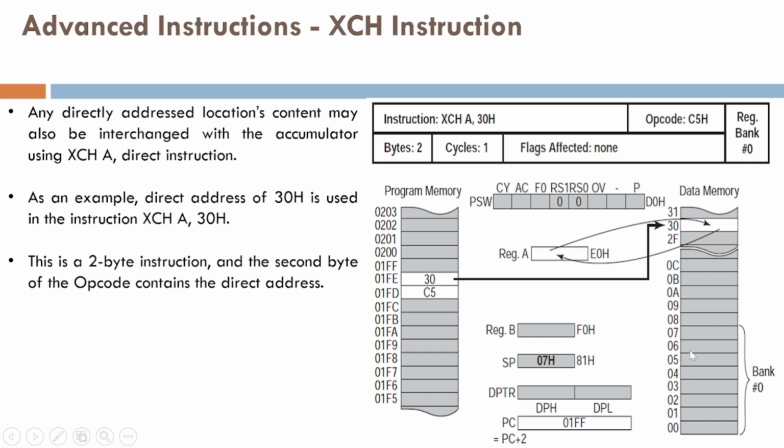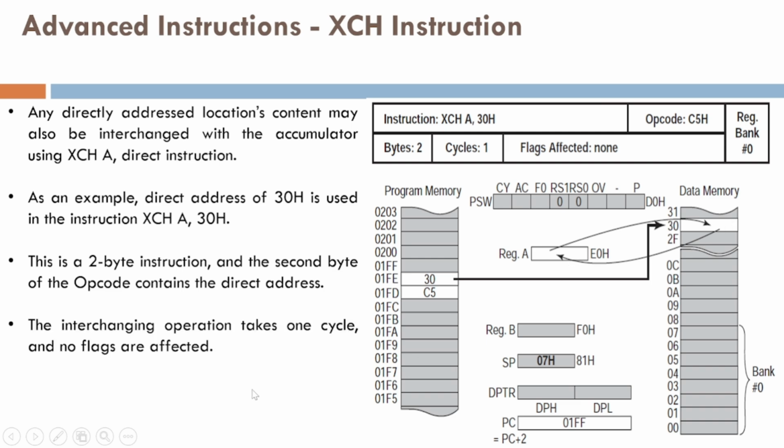Since we know that just below that is the bit addressable area, and just above that is the general purpose scratchpad area, the content corresponding to the location 30 gets interchanged with the accumulator. Okay, so the interchanging operation takes one cycle and no flags are affected. Fine.